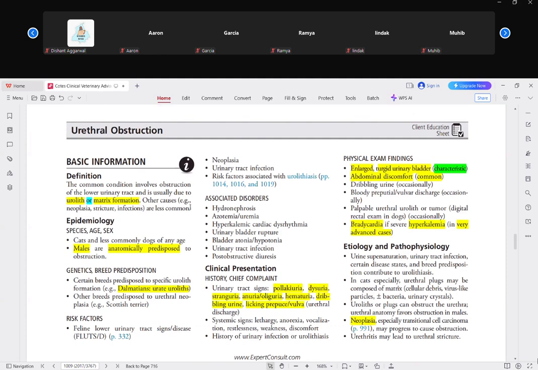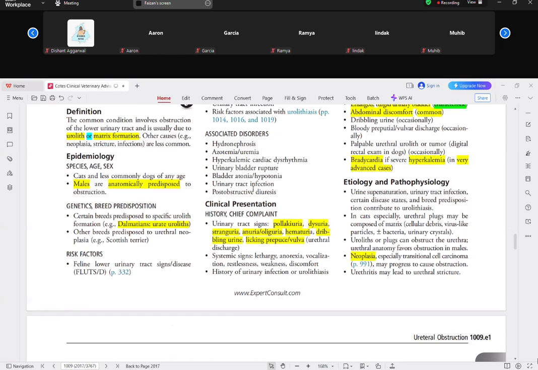So just remember, the risk factor of the urethral obstruction could be FLUTD, neoplasia, urinary tract obstruction. These are the risk factors, and there could be associated conditions. The post-operative diuresis is a very important associated condition. I will discuss what this post-operative diuresis is.